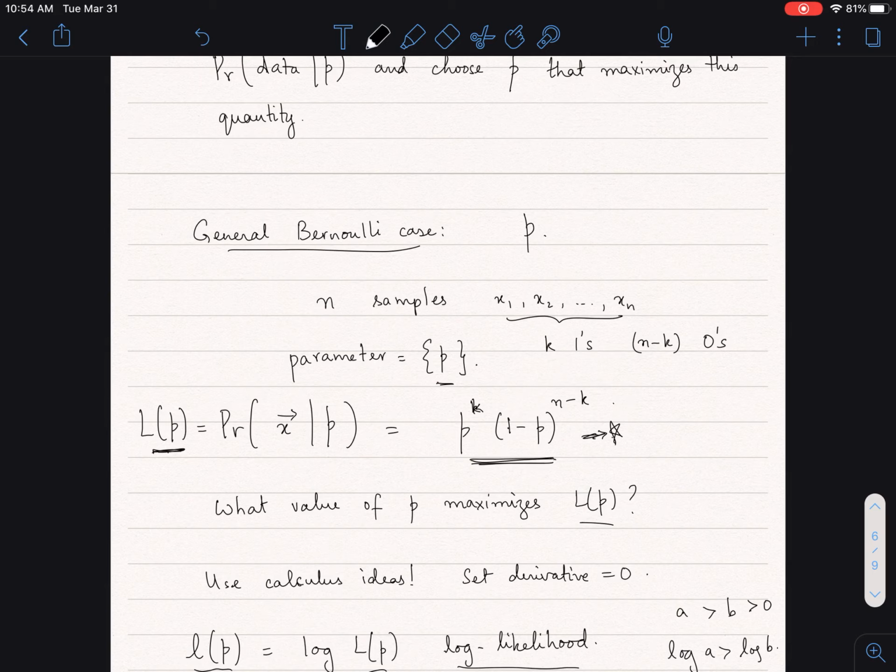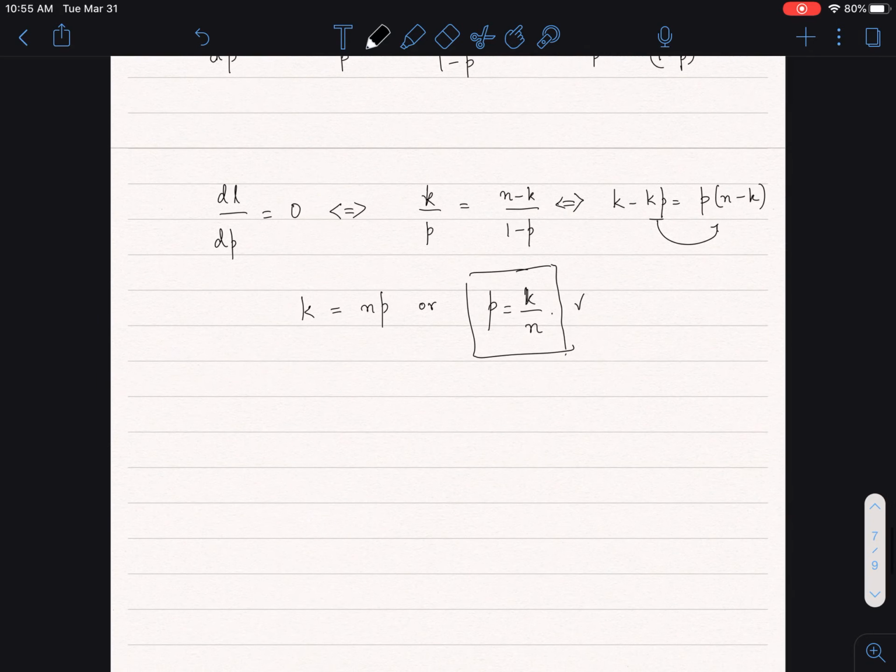And note that this is exactly what we had inferred before also, right? So p equals k by n is exactly the same as what the sample mean gave us.